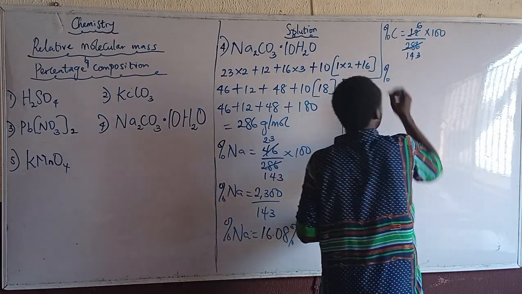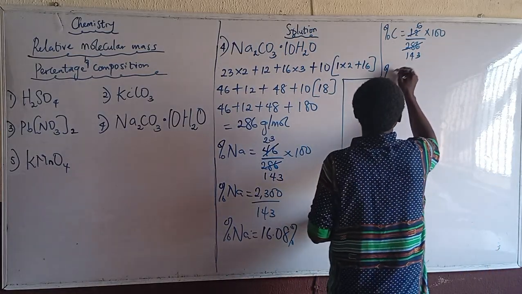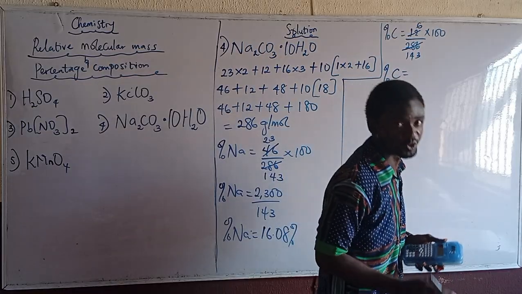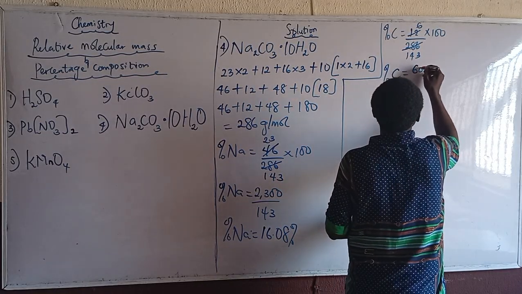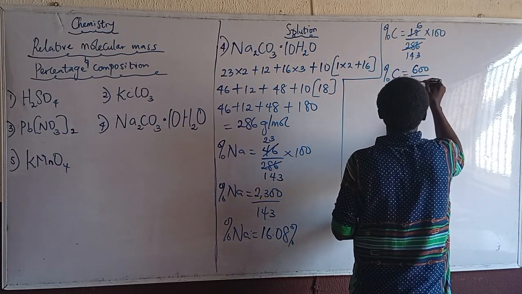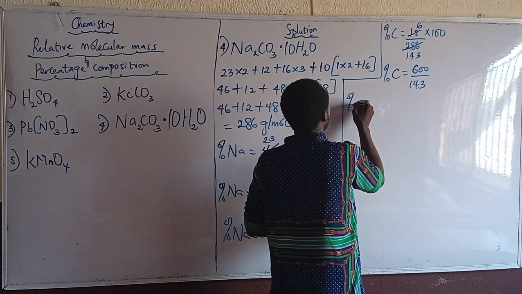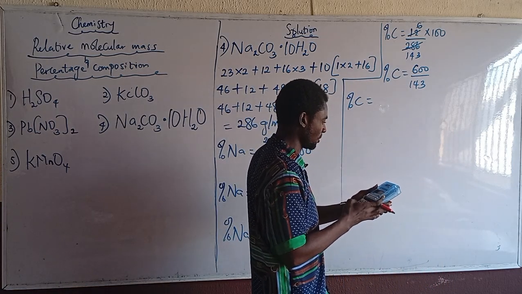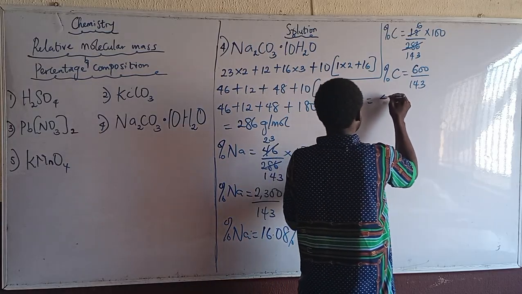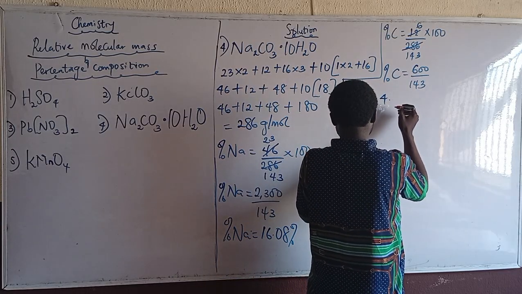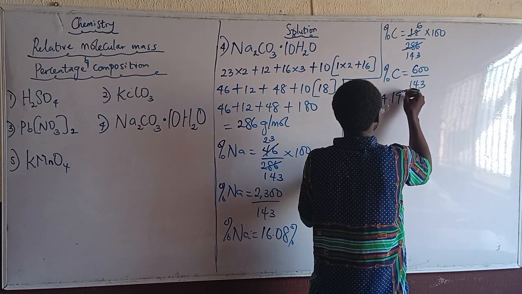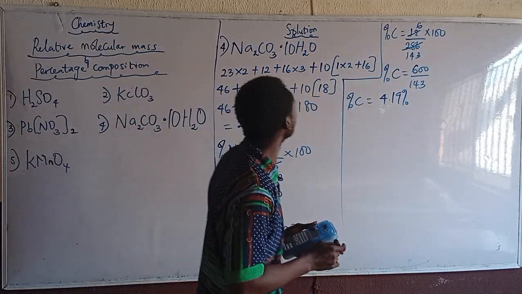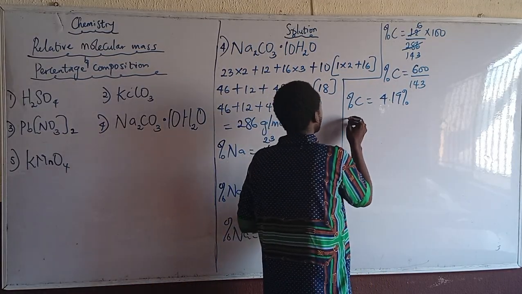So the percentage composition of carbon becomes 6 multiplied by 100, which is 600, divided by 143. That is 4.19%.